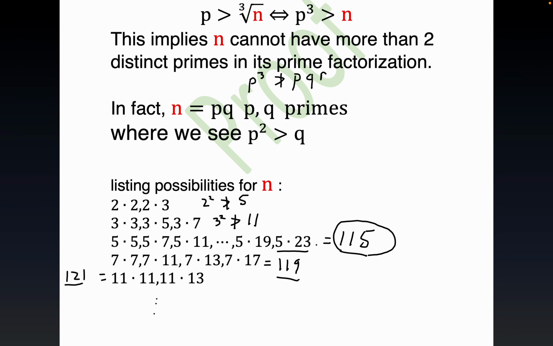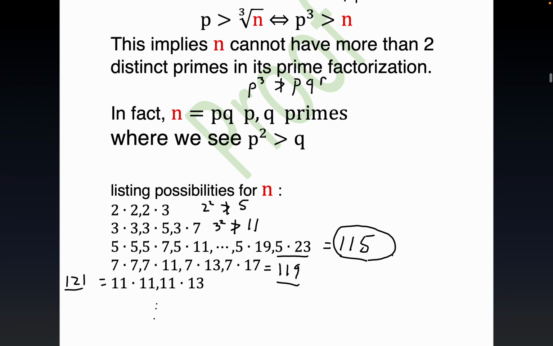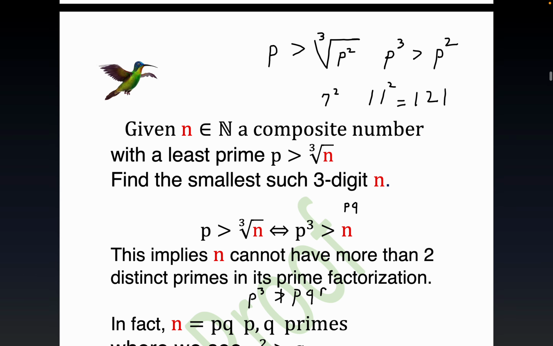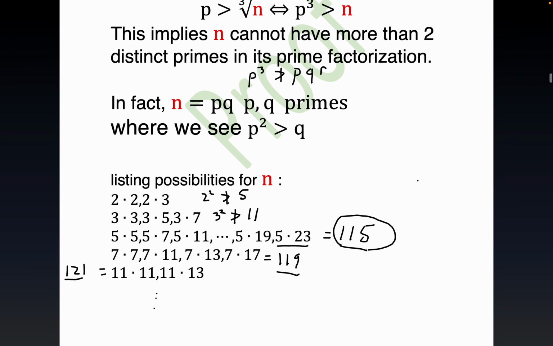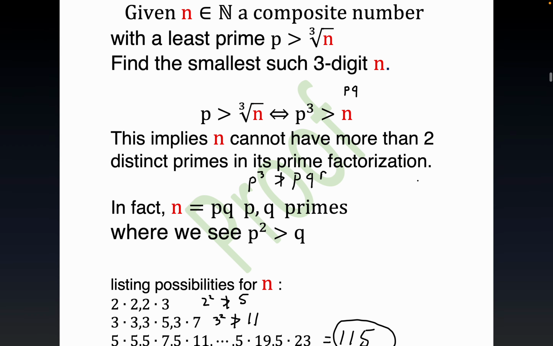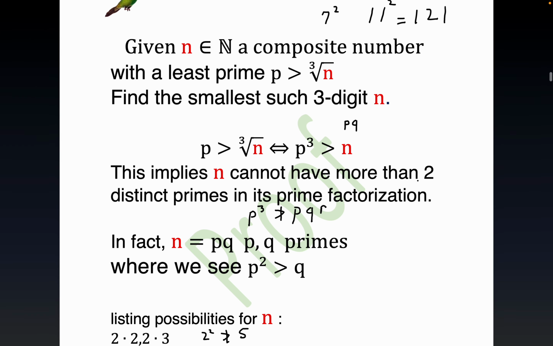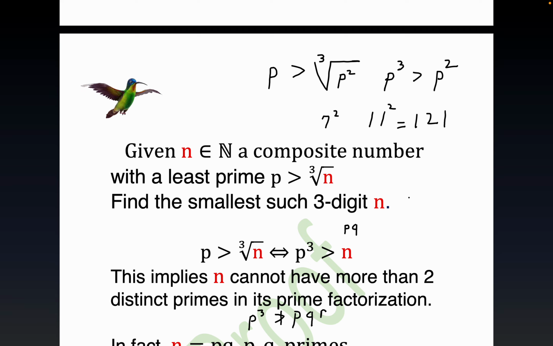We don't have to say anything else because everything else would be larger. So 115 is the integer that satisfies the condition. I'm sorry, 215, my bad. No, 115. 5 times 23 is 115, right? So n is equal to 115.